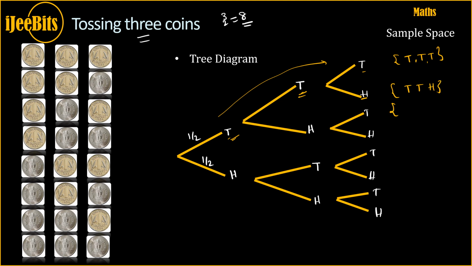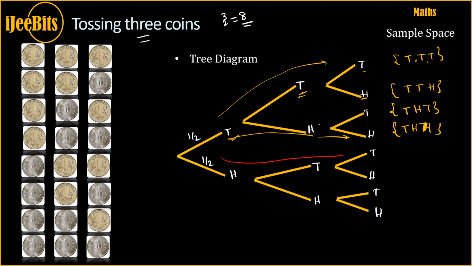I have T, H, right? T, H and T. Look at this sample point, T, H, up to this point. Now I have to look at this one. So T, H, T, H or T, H. Okay. Now let me choose a different color.